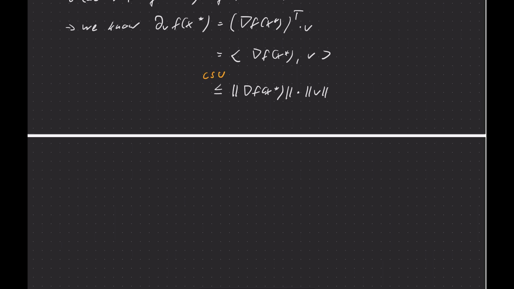Okay, so we normalized v, remember? So this is actually equal to the norm of the gradient. What that means is this rate of change is actually bounded by the norm of the gradient. And remember, the Cauchy-Schwarz inequality also holds if we add absolute values.